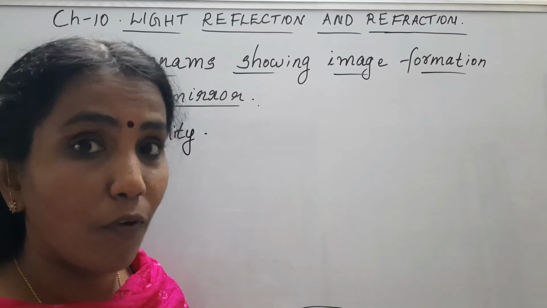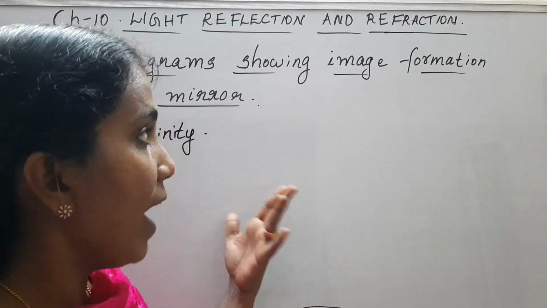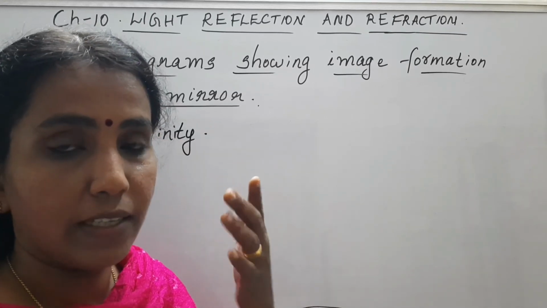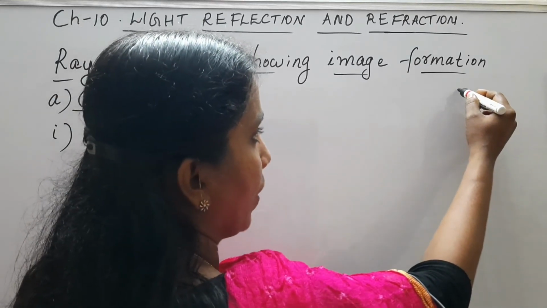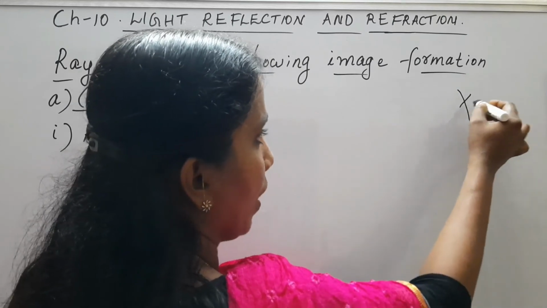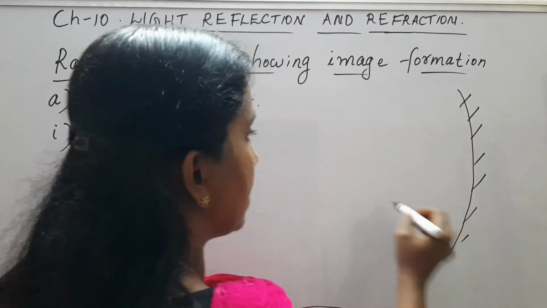So for objects at a far distance from the mirror, where will the image be formed? That's what we are going to draw. In the case of concave mirror, we draw the concave mirror, and the object is at infinity.